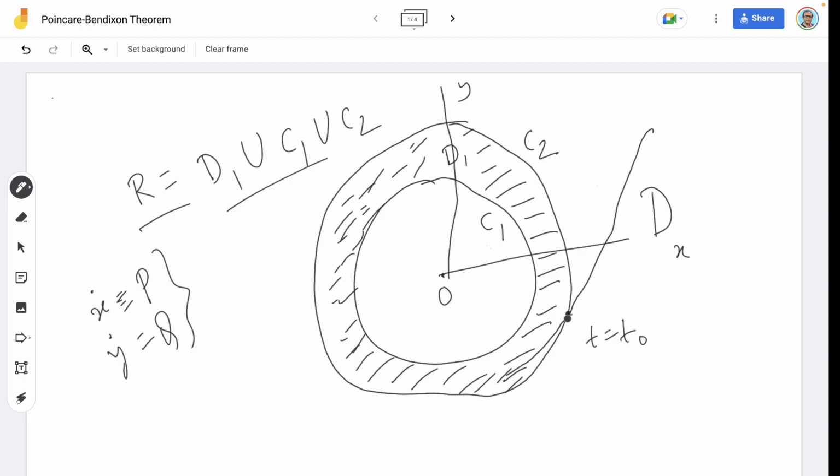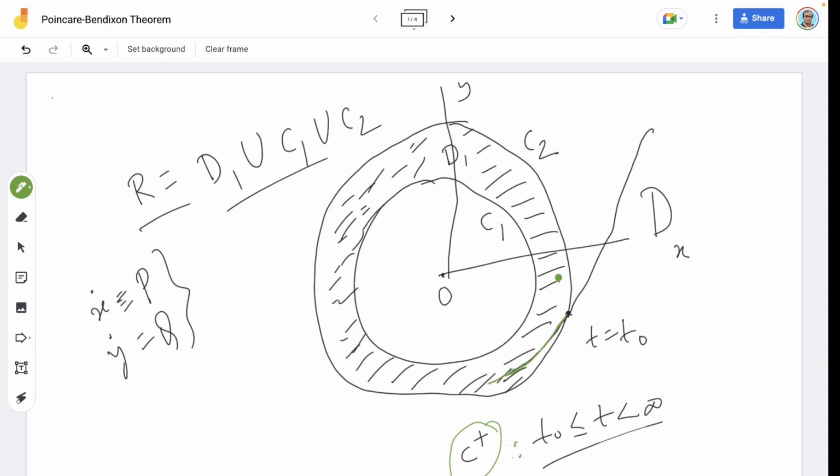This green portion is C plus, for t0 less than or equal to t less than infinity.